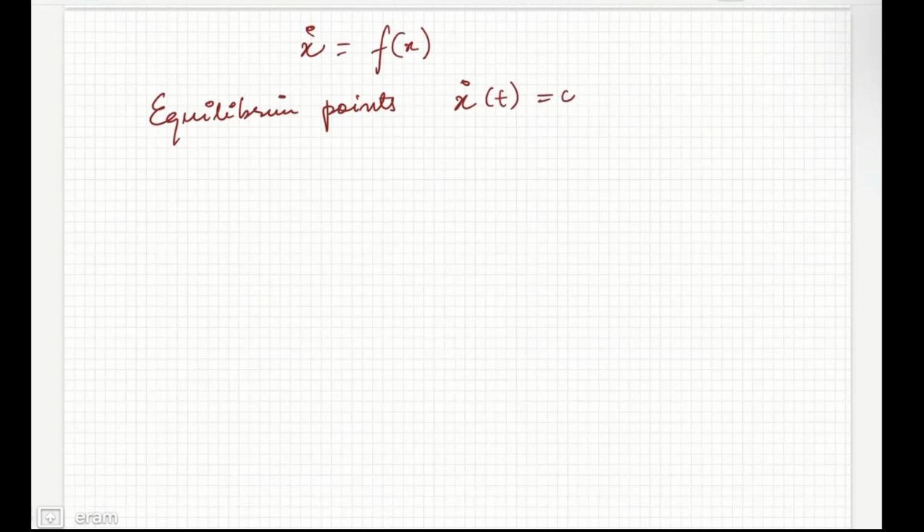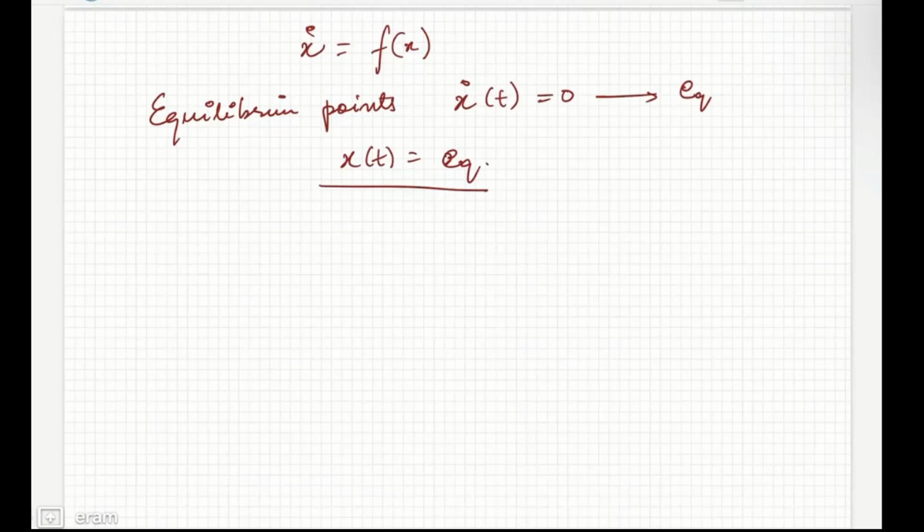For example, you have a system of the form x dot equals f(x), then we find all the equilibrium points by equating x dot equals 0, and then we want to know whether the solution, this x_eq, is stable or not.